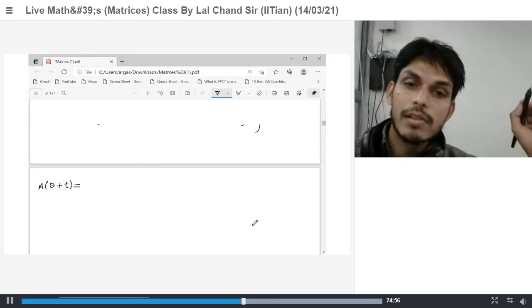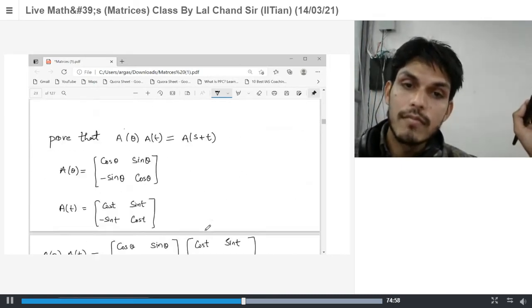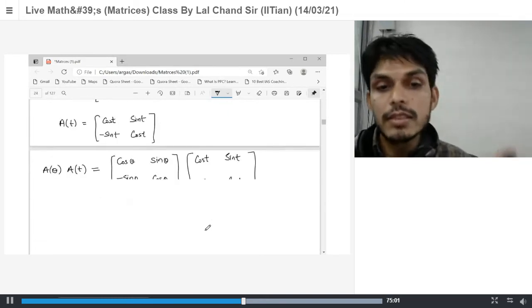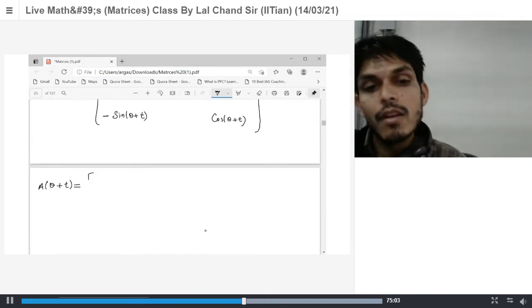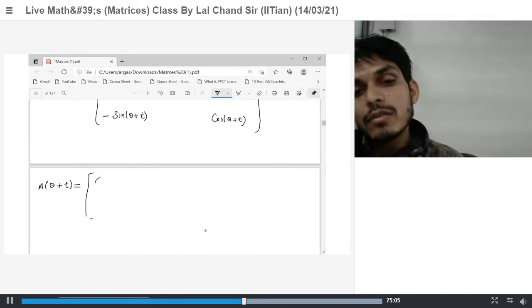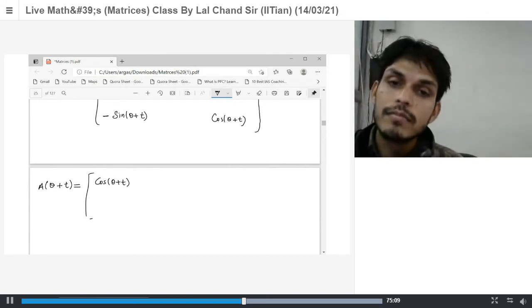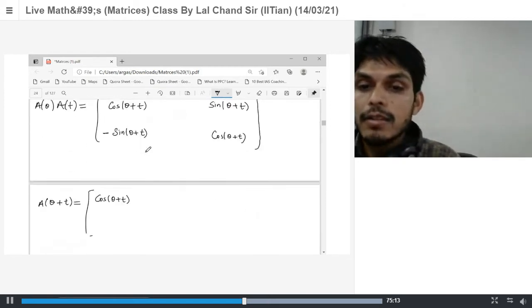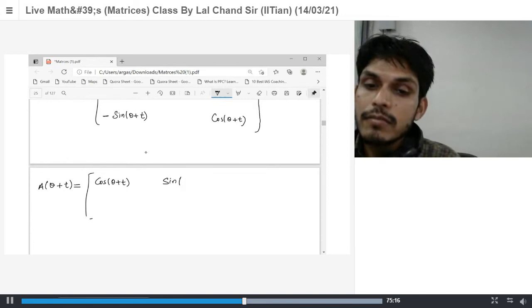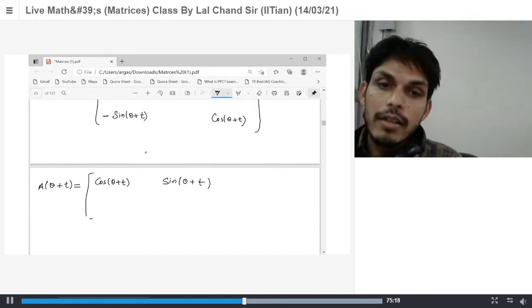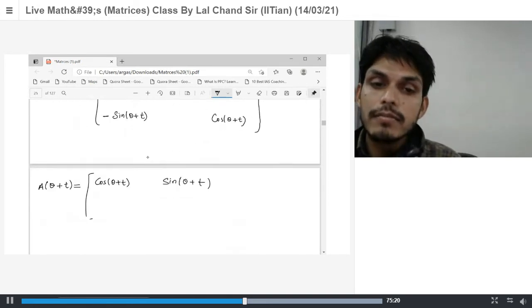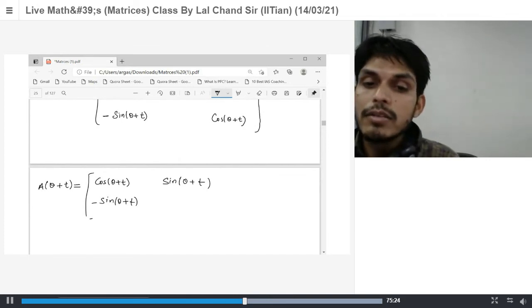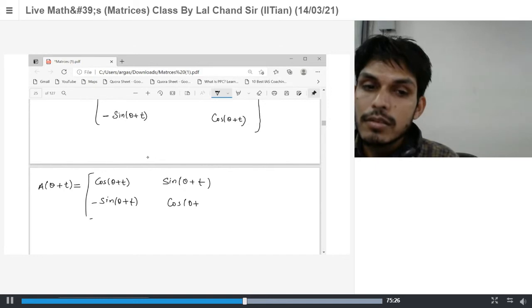So now we have this: cos theta plus t, sin theta plus t, and minus sin theta plus t, cos theta plus t. Okay.